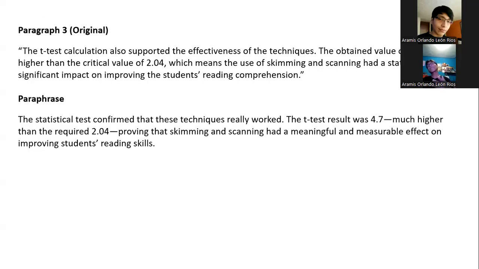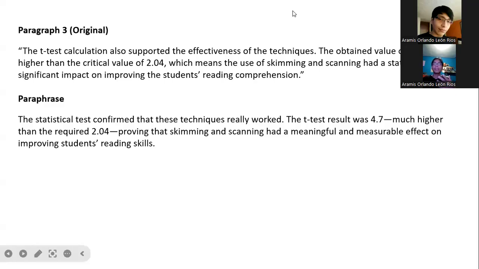And the third paragraph, the original: The t-test calculation also supports the effectiveness of the techniques. The obtained value of 4.7 was higher than the critical value of 2.4, which means the use of skimming and scanning had a statistically significant impact on improving the students' reading comprehension.